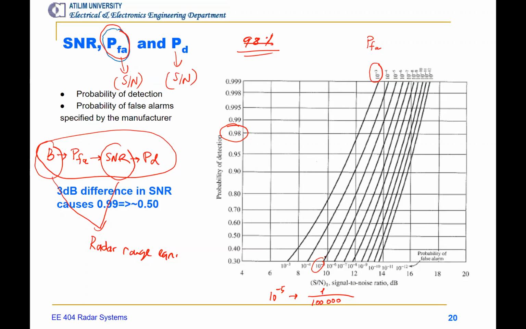So we just follow this curve, find the intersection of this curve with this value, and then draw a line here to determine SNR, which is approximately 13.5 dB, right?